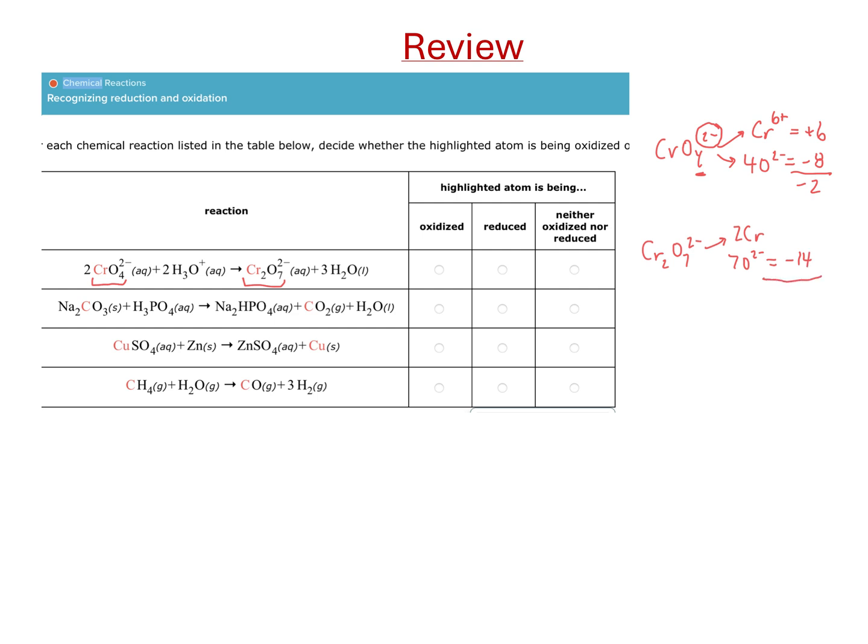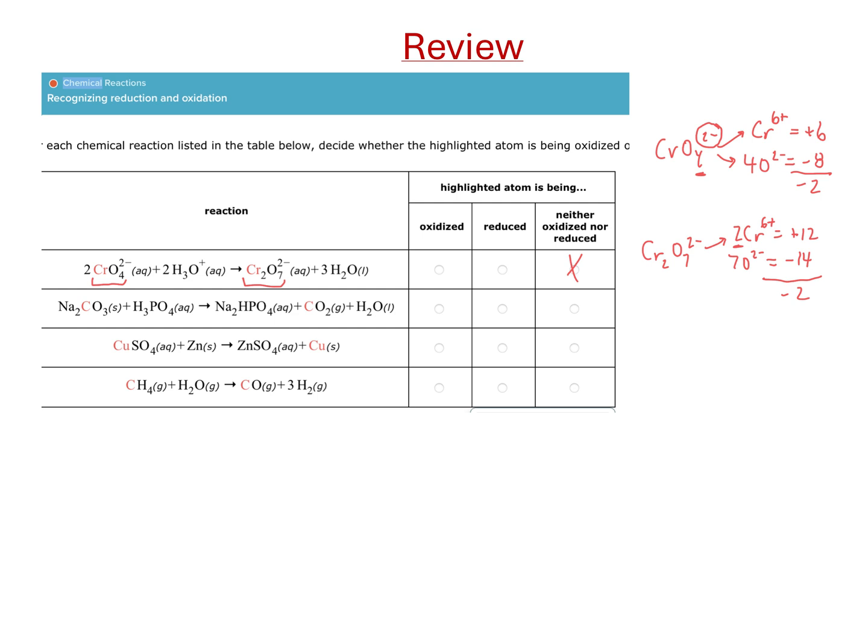The charge on the dichromate overall is -2, so I need a total of +12 from chromium. That's spread out over 2 chromiums, so each chromium is 6+. So this is not a redox reaction because chromium goes from 6+ to 6+. It does not change its oxidation state.